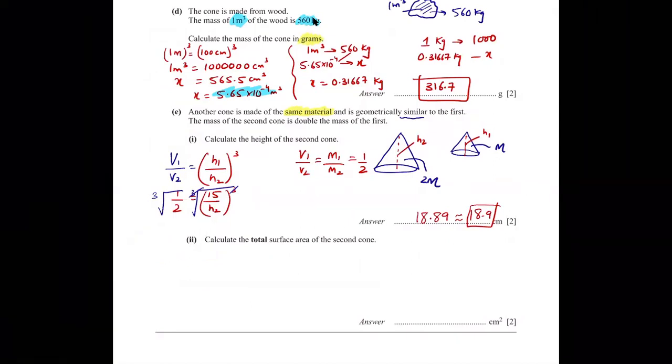Nawal, can you tell me the formula of the surface area of the cone? The total surface area of the cone is going to be the curved surface area, that is pi r L, plus the base area, right?